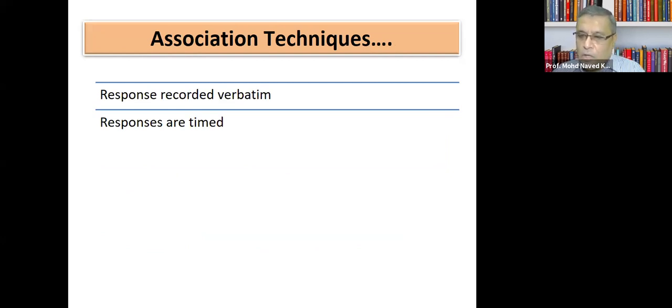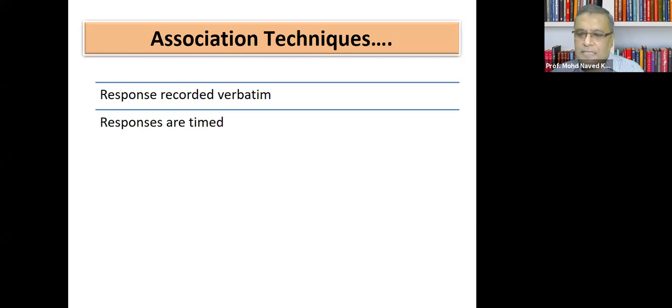And some of the researchers, in fact, we are supposed to time the responses also. By timing, we mean how much time the respondent took to respond to the keyword that we read out. The assumption here is that if somebody is taking too much time, there are two possibilities.